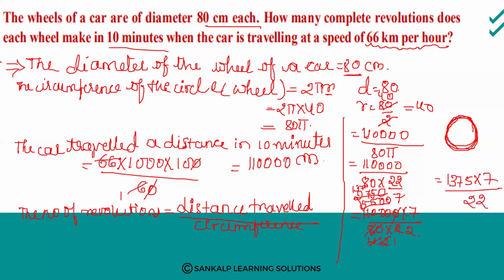If you do the calculation of 1375 into 7 divided by 22, you will get 437.5. So when you multiply by 10, then you will get 4375. This is the number of revolutions. 4375.